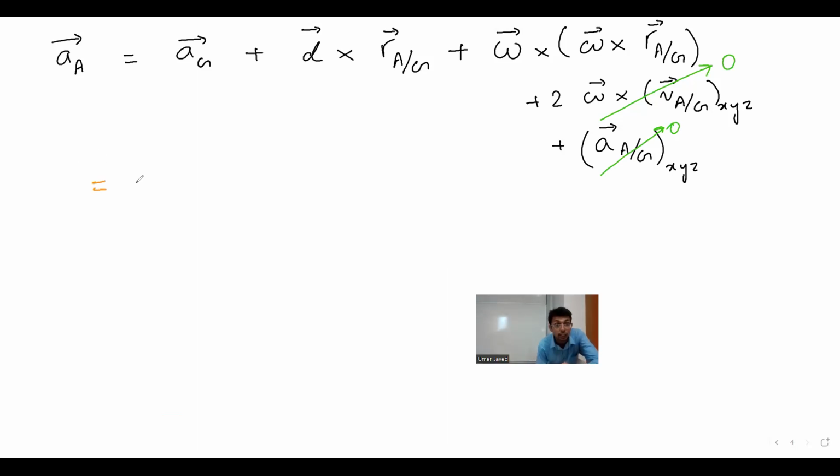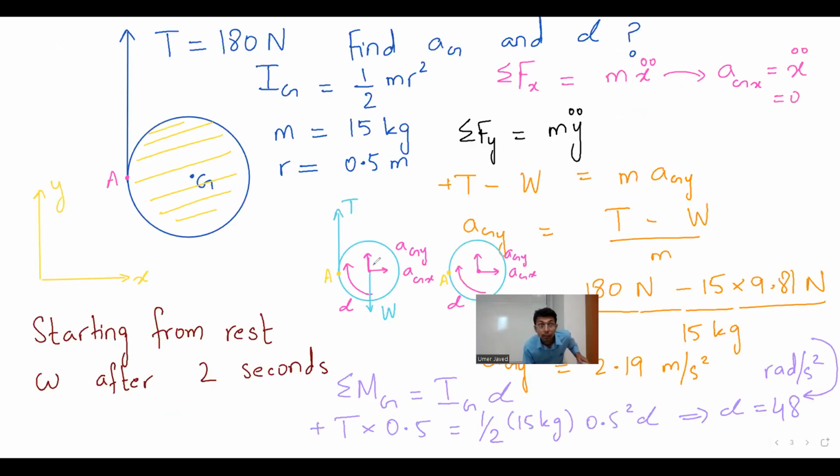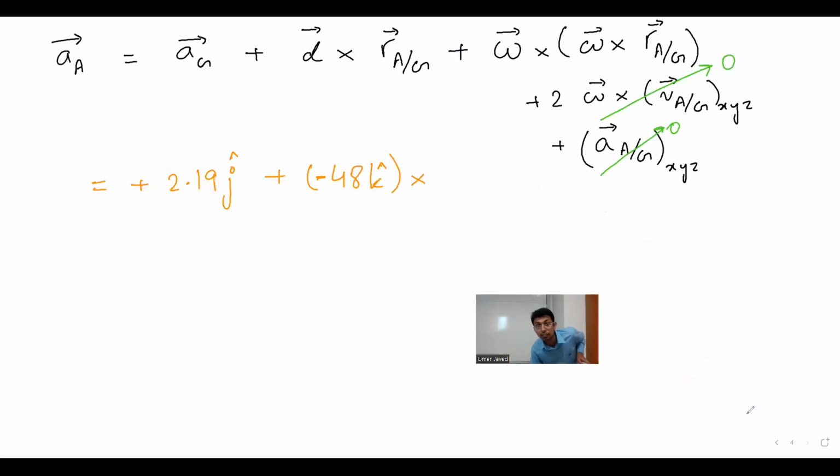What is the value of AG? 2.19 in the upward direction. What is alpha? Clockwise. Clockwise means negative K. What is A with respect to G? A with respect to G is negative 0.5 I. Please don't make a mistake.